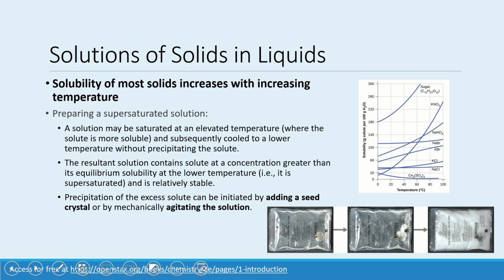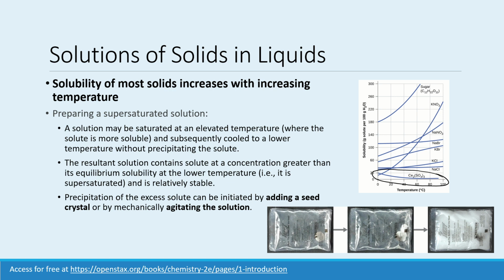Now this is true for most solids. It's not true for all solids. So in our graph, we can see an example of where that may not be the case occasionally, but most of the time it will. So this is how we go about preparing supersaturated solutions.